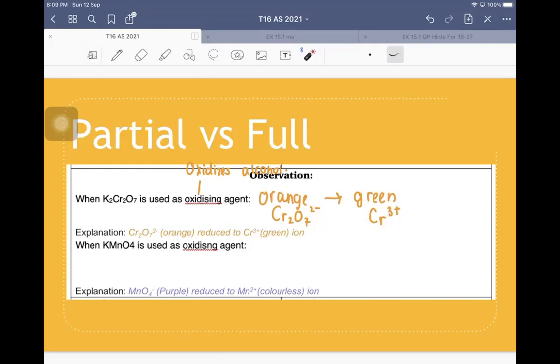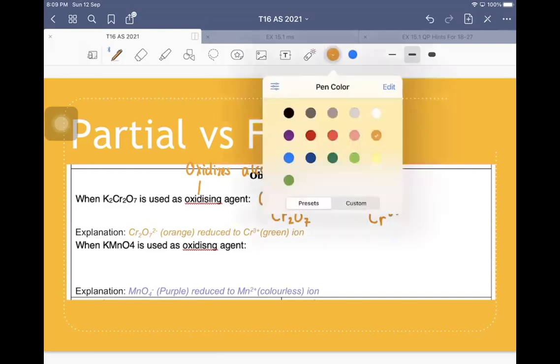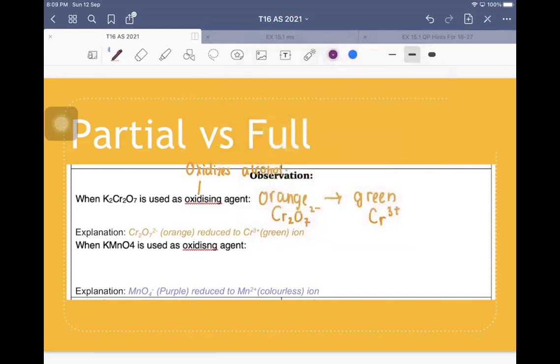That's potassium dichromate. What if we use acidified potassium manganate? I think you all know the initial color of potassium manganate, which is purple, turning to colorless. The purple color is caused by the manganate ion, MnO4 minus, and colorless is because of Mn2+. It doesn't mean that there's no longer any manganese in the reaction mixture.